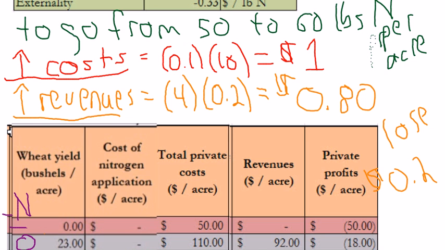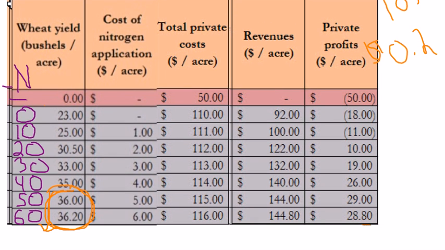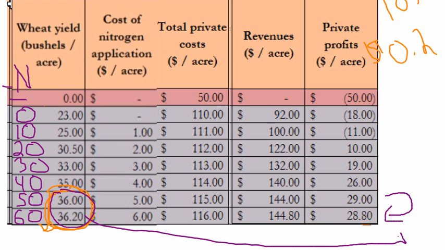And that's why, if we made this switch and went from 36 bushels per acre to 36.2, profits go down from 29 to 28.8. They go down by 0.2. That's the answer in numbers.